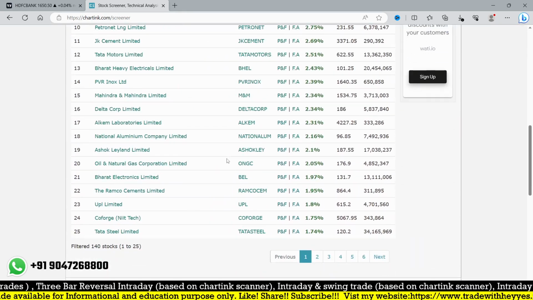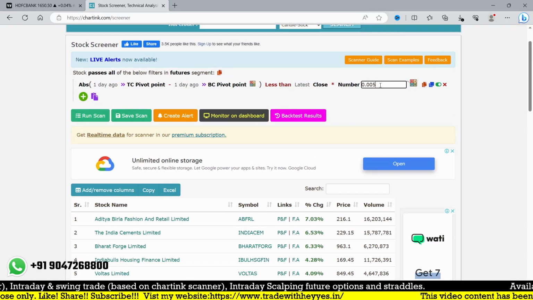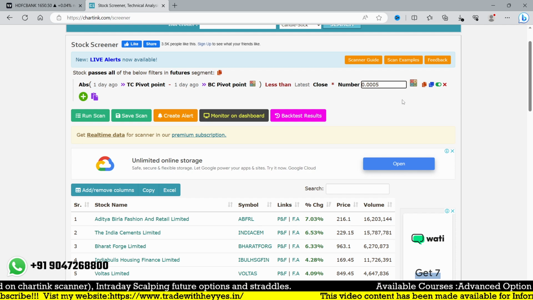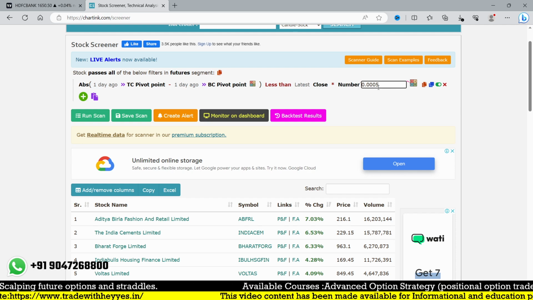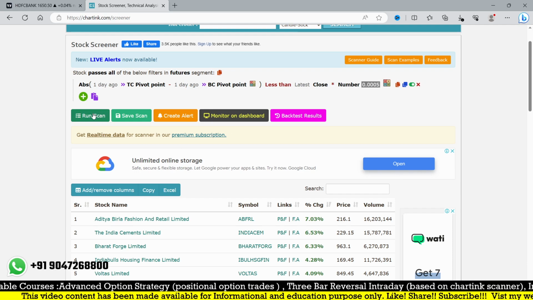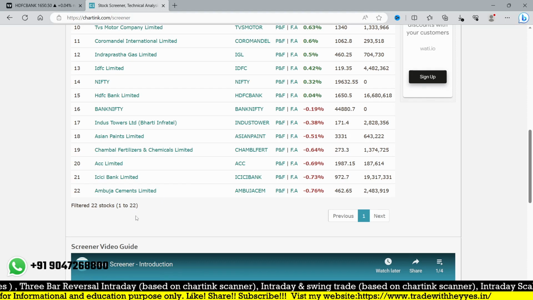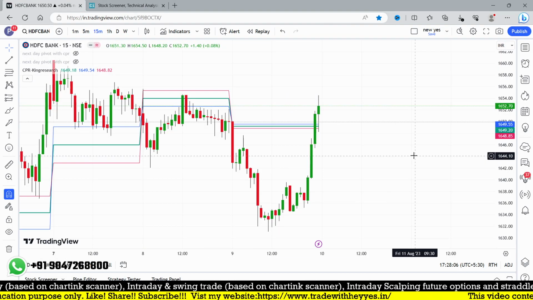So if we are using this, we have 140 stocks. Okay, we don't want that, so let me add one more zero, close into 0.05, 3 zeros. Run, even so we have a lot of stocks, Ambuja Cements, ACC. Let me check that.